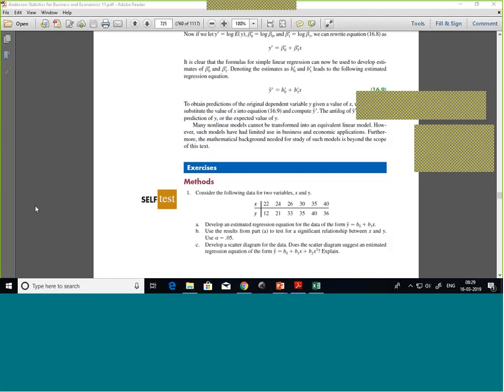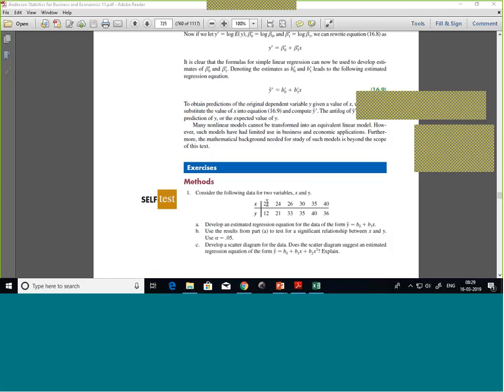Consider the following data for two variables x and y. So x is given and y is given. Develop an estimated regression equation for the data of the form y crown is equal to b naught plus b1x. So this is a simple linear regression equation in the estimated form we are going to calculate.